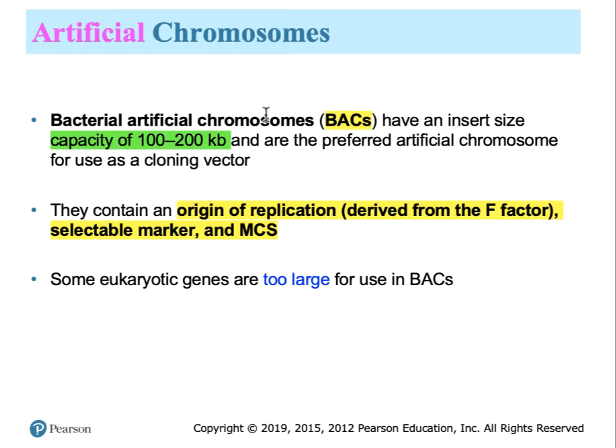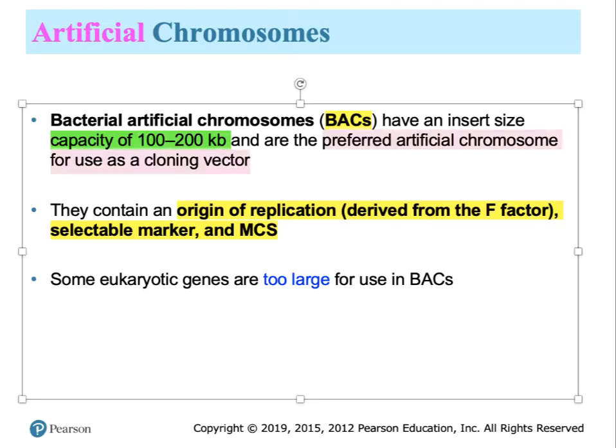Artificial bacterial chromosomes are known as BACs, bacterial artificial chromosomes, and they have an insert size ranging from 100,000 to 200,000 base pairs. And for large inserts, these are the way to go. They do contain one origin of replication, and that has been copied over from the fertility factor, a plasmid, and they contain selectable markers as well as a multiple cloning site.